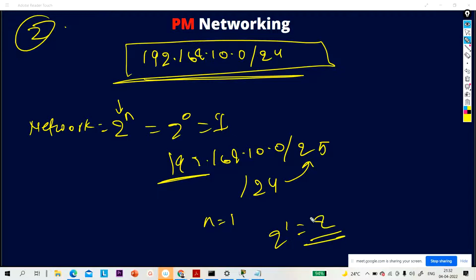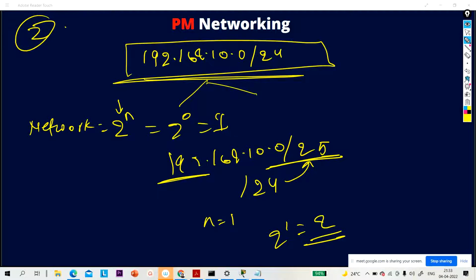If you write /25, you are dividing a network into 2 parts. What will be the first network and the second network? Who will tell you from where your second network will start? Block size.